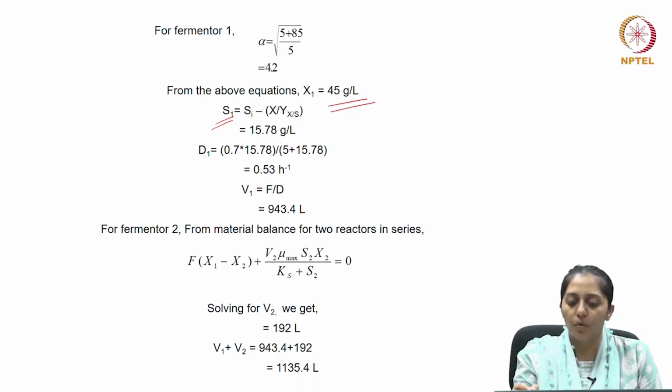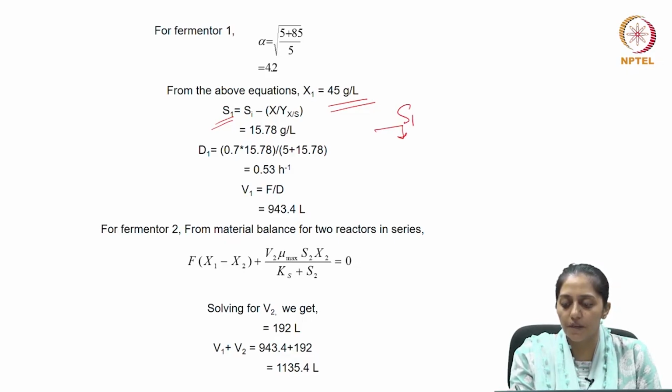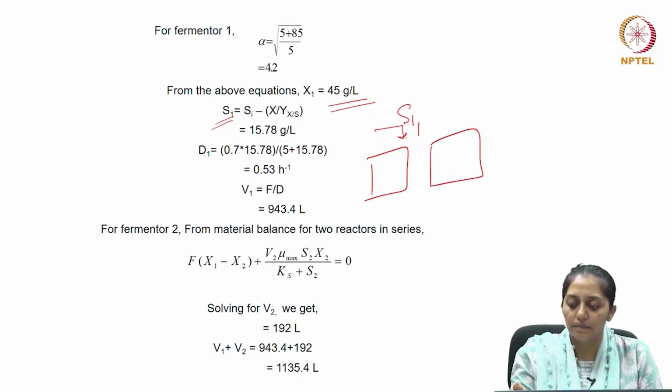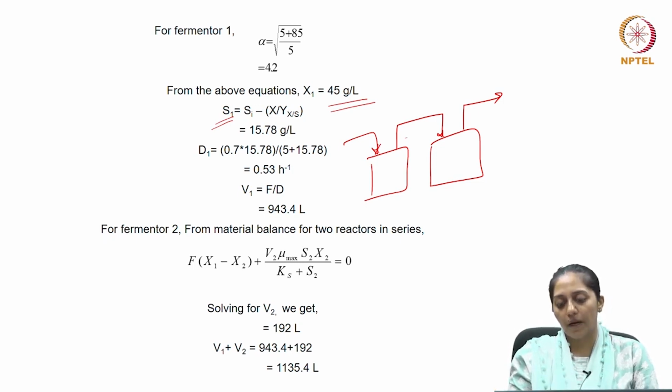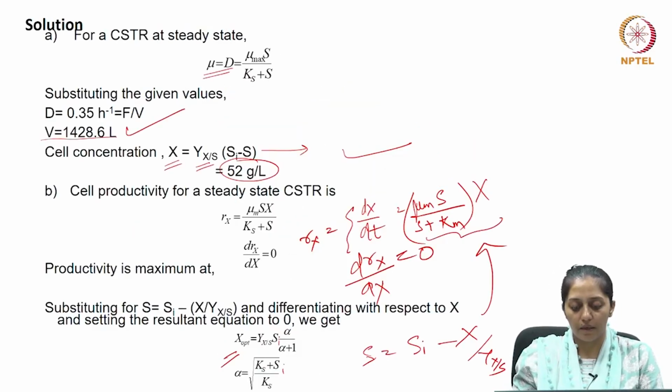So, now if you notice, this S1 is the stream which is coming out from the first reactor and entering the second, if two reactors are in series. So we have come to know the optimum biomass for the first reactor.